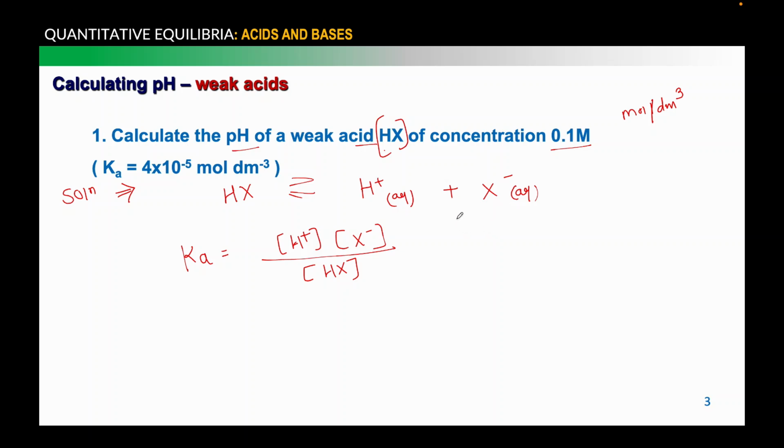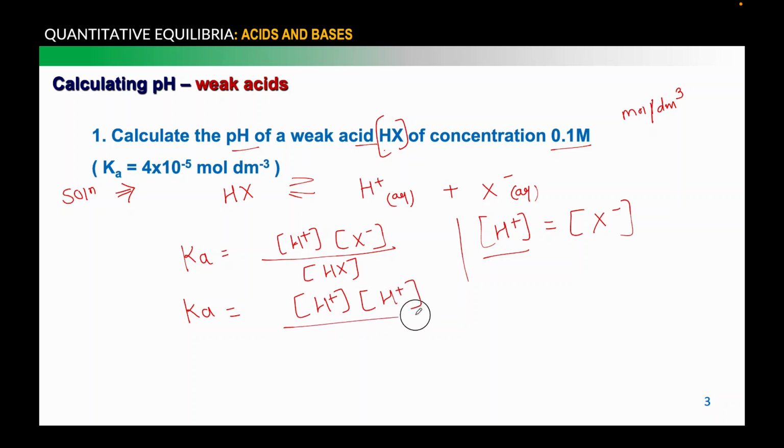Now we know that, students, this is very less dissociation, so concentration of whatever ionized ions are, they are in equal amount, so concentration of H plus is equal to X minus. So here we can take it as Ka is equal to H plus, X minus, is equal to, we will take H plus square, and already we derived this equation, but again just for revision purpose I am telling you.